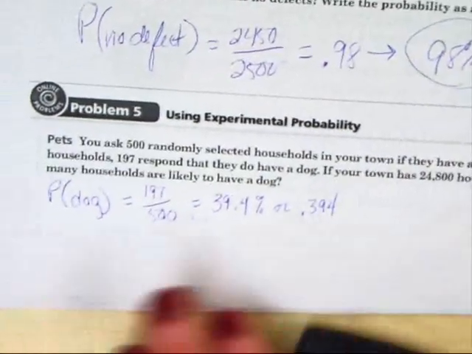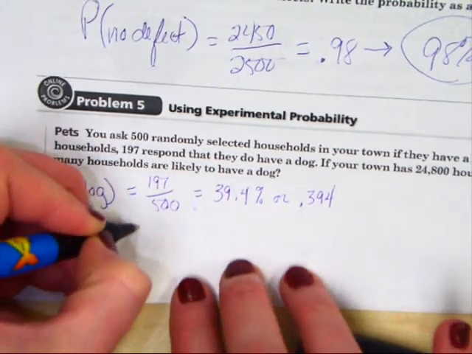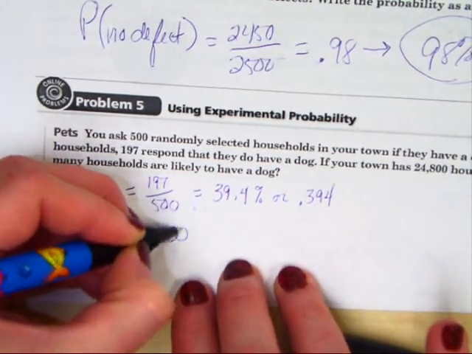So we're going to apply this to a bigger sense, and that's 24,800.